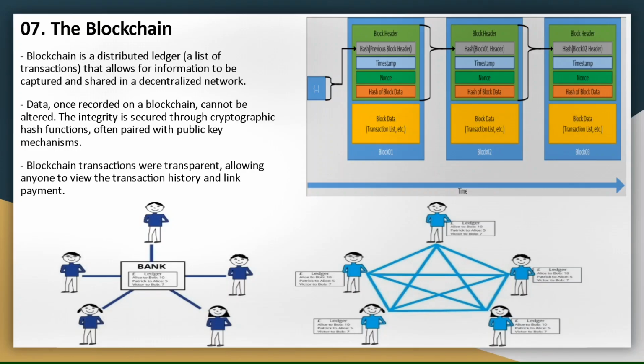So this decentralized network, which is blockchain, cannot be altered. If we alter any transaction here, the rest of the entities, the nodes in the network, will know that this transaction doesn't match the inputted values. The transaction is not verifiable, so it is infeasible to alter the data. So integrity comes from cryptographic hash functions, often paired with a public key mechanism.